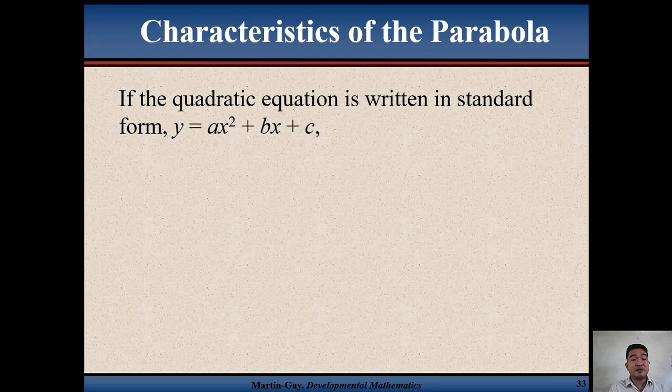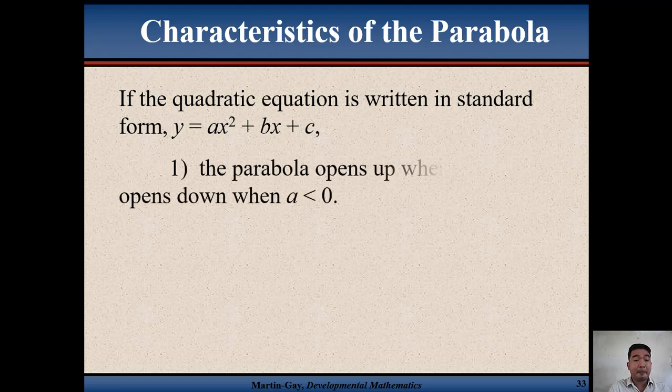The characteristics of the parabola. If the quadratic equation is written in standard form, for example, y is equal to ax squared plus bx plus c: 1. The parabola opens up when a is greater than 0 and opens down when a is less than 0.